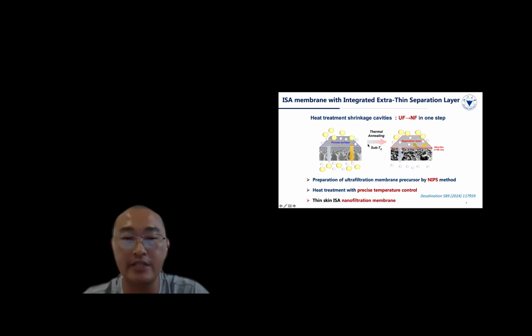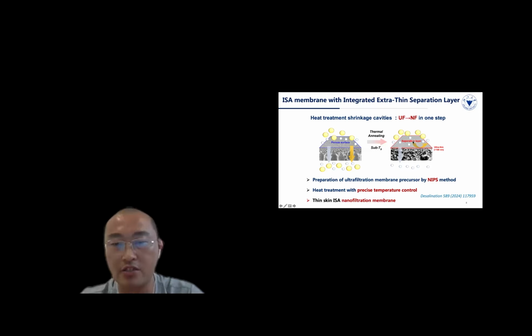And after that, I use the solvent treatments, and the temperature was controlled below the polymer Tg. After several solvent treatments, the porous membrane surface will become a very thin, dense surface.